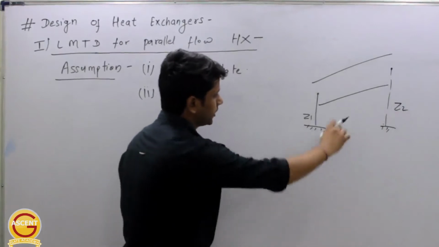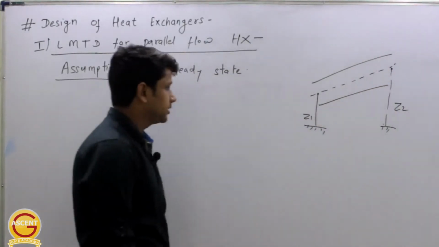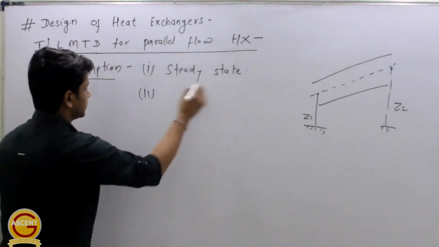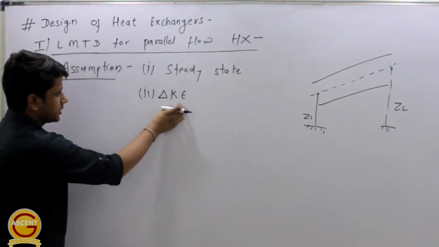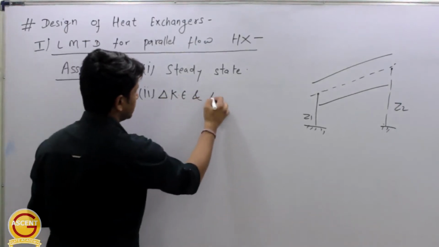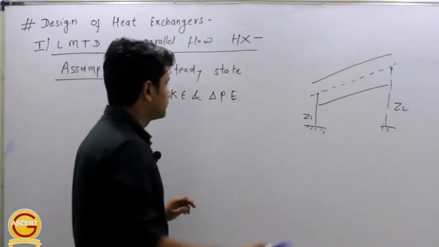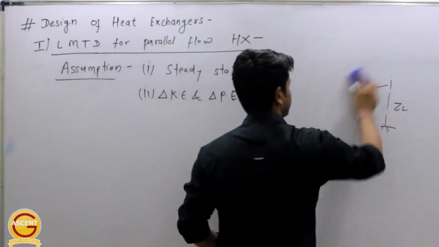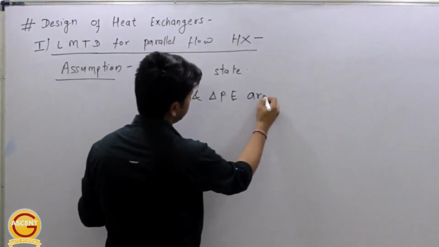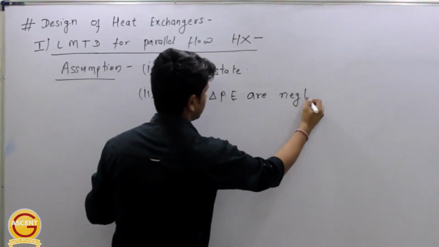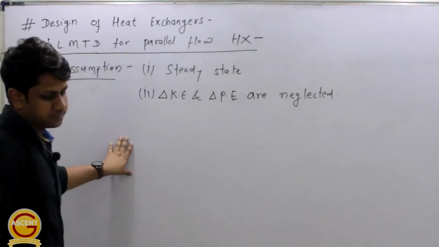So it may happen that there will be some changes in potential energy and kinetic energy, but we are going to neglect them. So change in kinetic energy and change in potential energy are neglected. This is our second assumption.